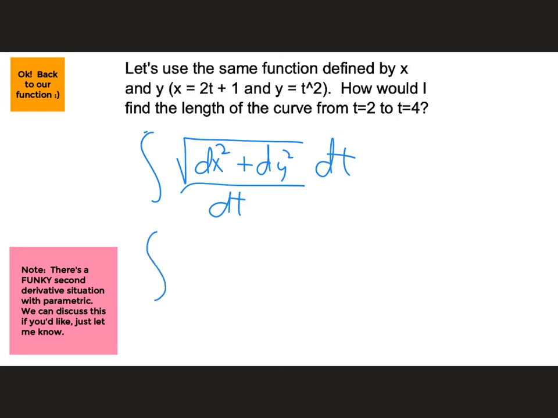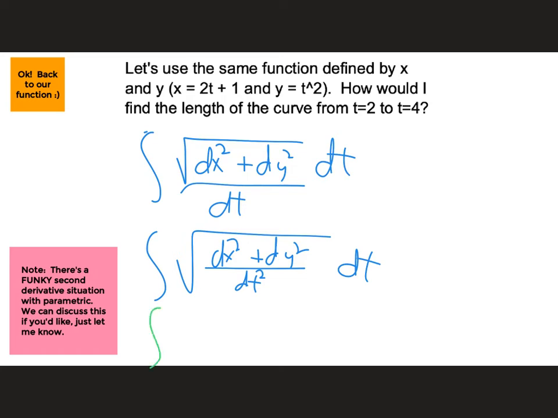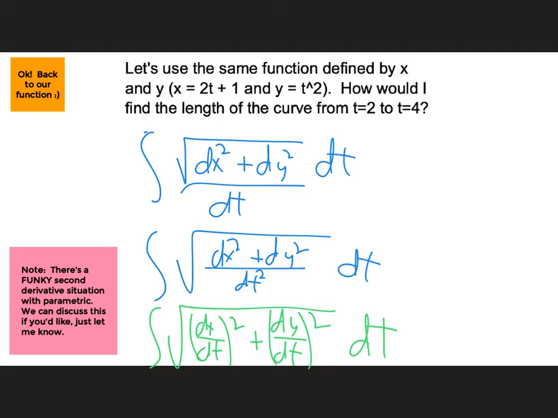So similar to before, that's dx squared plus dy squared over dt squared, so dx dt squared plus dy dt squared. So it's just take the derivative of x stuff, square it, take the derivative of y stuff, square it, and integrate. Theoretically, we have an a and a b here.